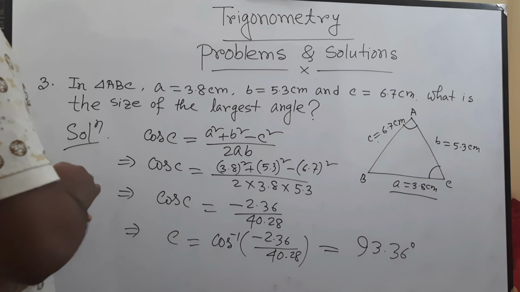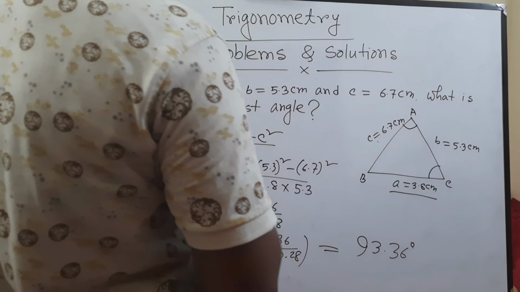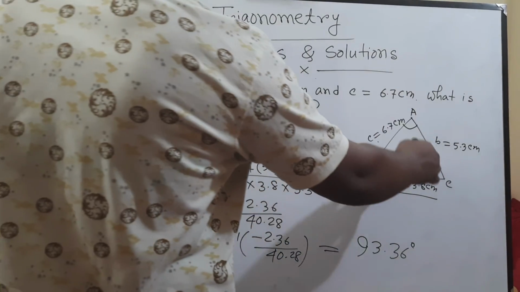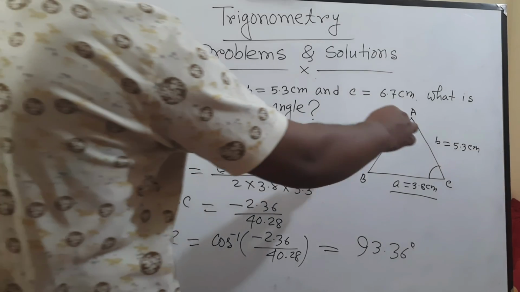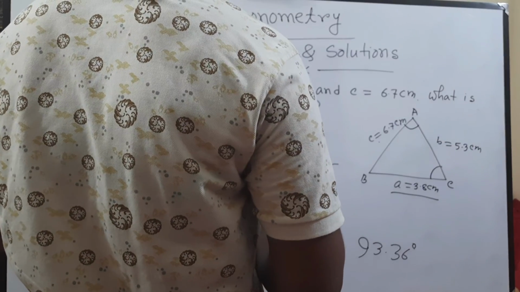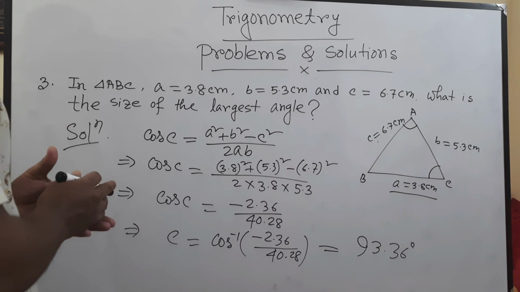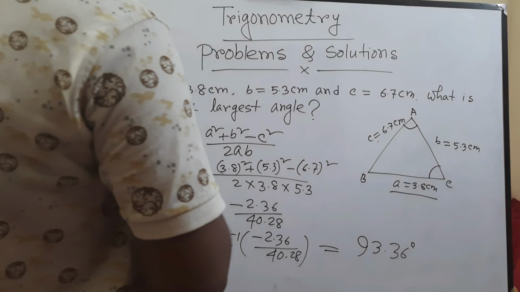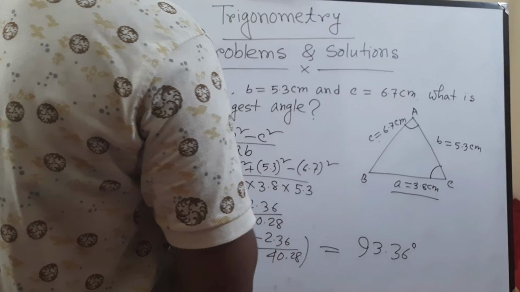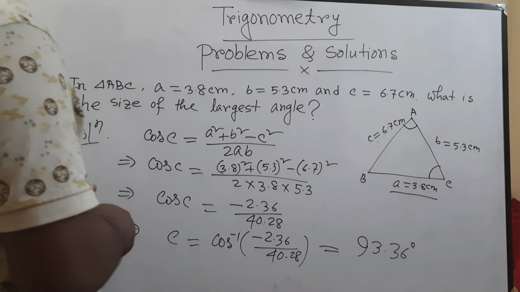So if someone knows these three formulas of cosine, then you can easily find the missing angle and also the missing side of a triangle. So I believe that if you practice these three sums properly and can use the formula of this triangle, then you can easily solve any problems from this trigonometry. So class, thank you everyone.